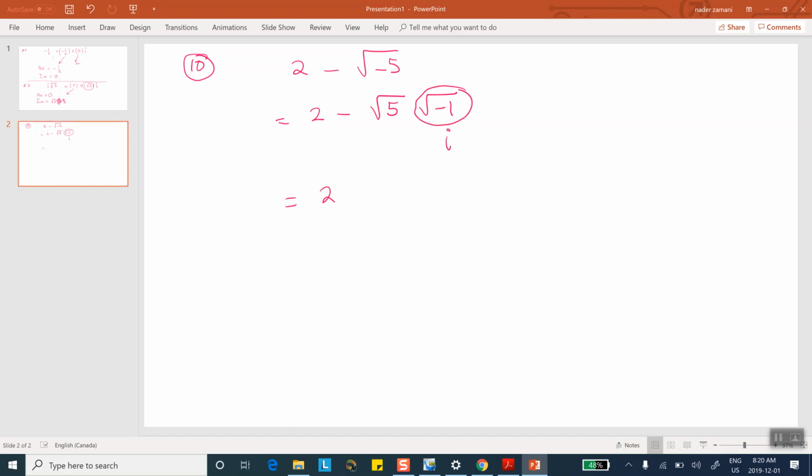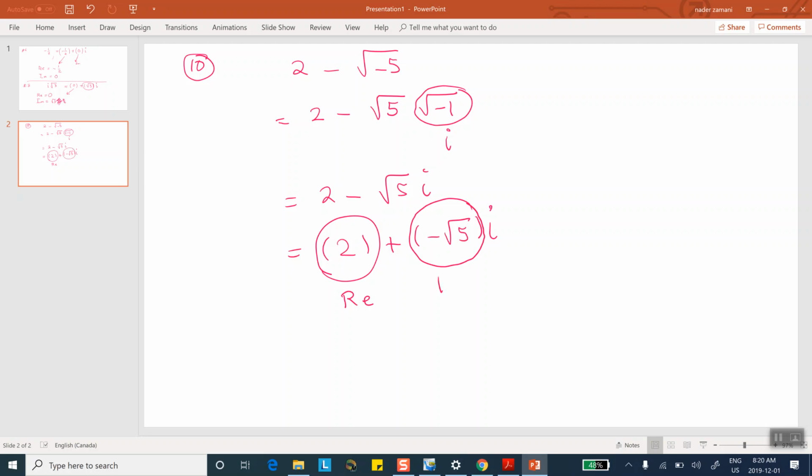So this is 2 minus root 5I. And I'll write it like this for those people who are still having issues. That piece is the real part. That piece is the imaginary part. So real is equal to 2 and imaginary equal to negative root of 5.